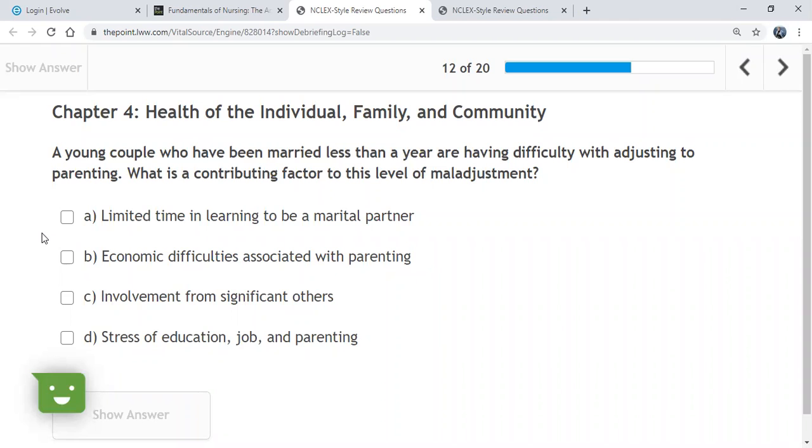So we have to learn how to be a marital partner. That takes work, and you have to adjust to that because now I've moved into your house, or you've moved into mine, or we've moved into a place together. And some of the things that I do might be annoying to you. So I have to learn to accept or adjust to those patterns and those things that you do.